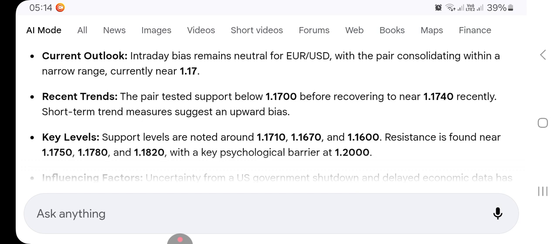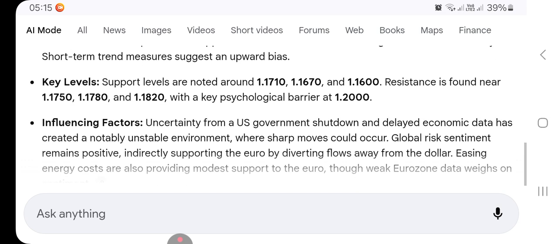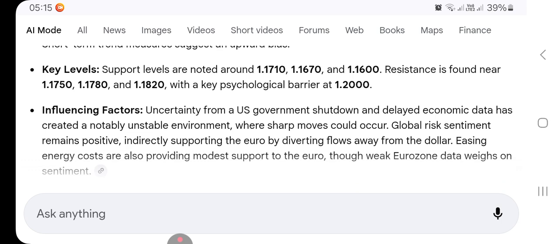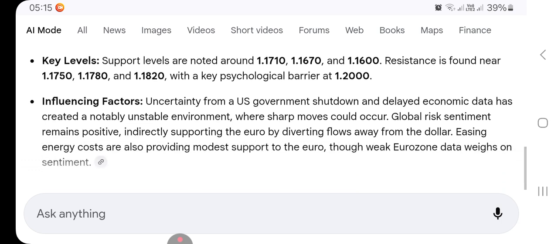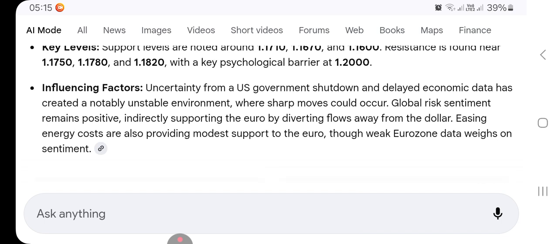The support levels are noted around 1.17, and the resistance ranges they're just giving you are not important. What we want is the statement that gives us the trend or the direction.